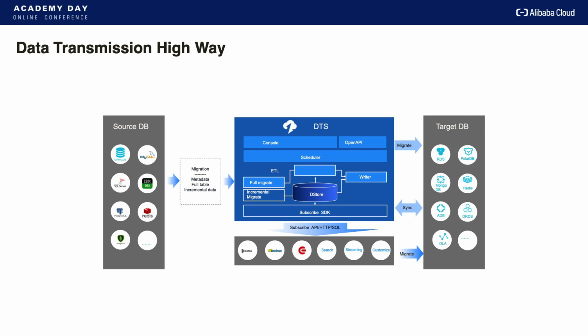I'm not going to dive into details for each of these components, but I want to highlight a couple of points. First of all, we support a whole bunch of source databases as of today, 10-plus types of source DBs, and we still keep adding new sources down the road. And in a very similar manner, we support a wide range of target databases.